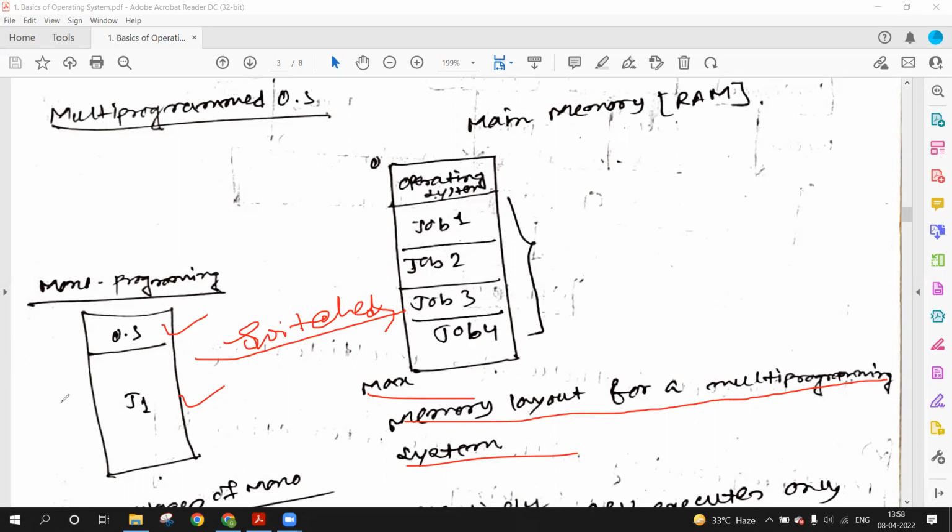Sometimes CPU time is required for the job, which is called a CPU burst. Sometimes IO time is required for a job, which is called an IO burst.